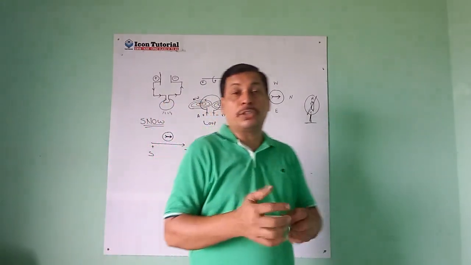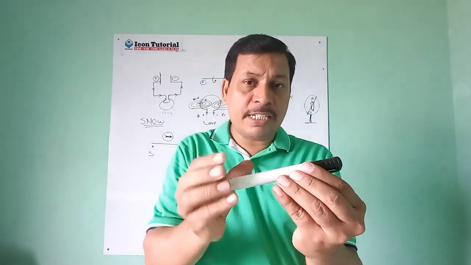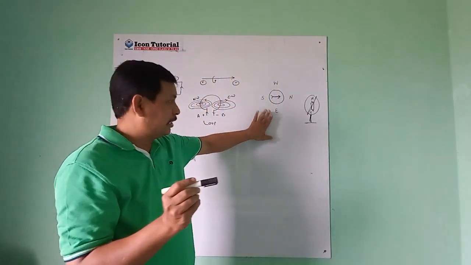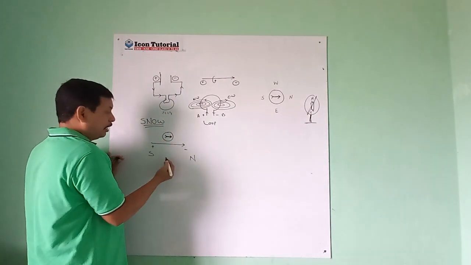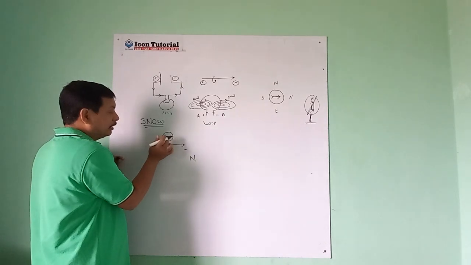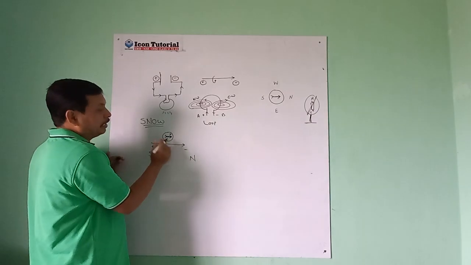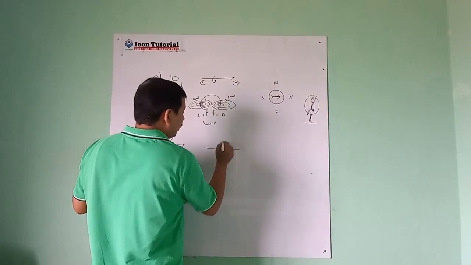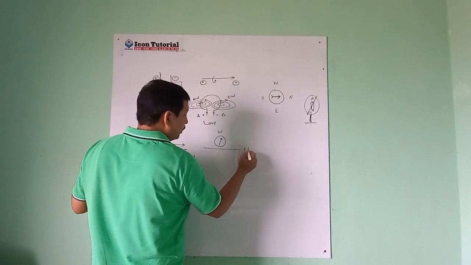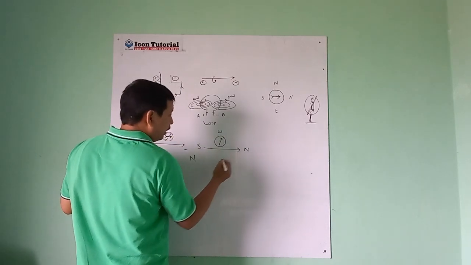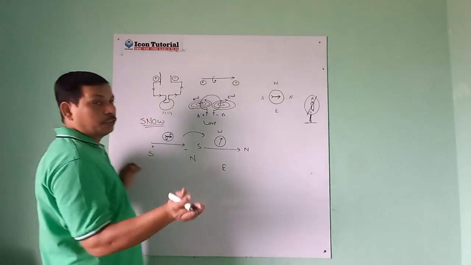When the current is flowing from south to north, the magnetic compass needle is as usual before that, in this position. But after the current is switched on, the magnetic needle is deflected. Finally, this is the needle, which now bends towards west. This is north, this is south, this is current, this is east.